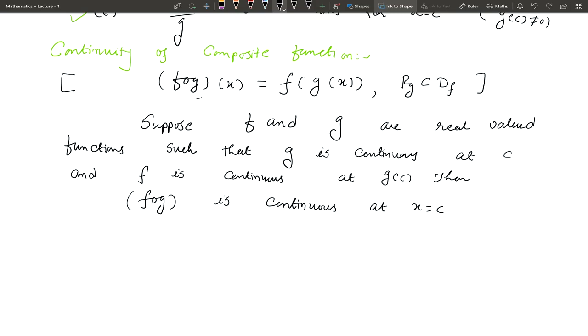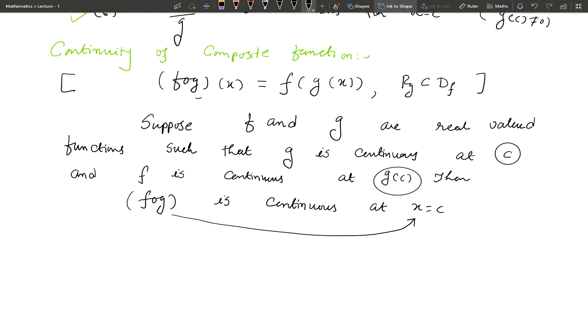Two functions f and g which are real valued functions. g is continuous at c, and f is continuous at g of c, then f of g is continuous at x equal to c.